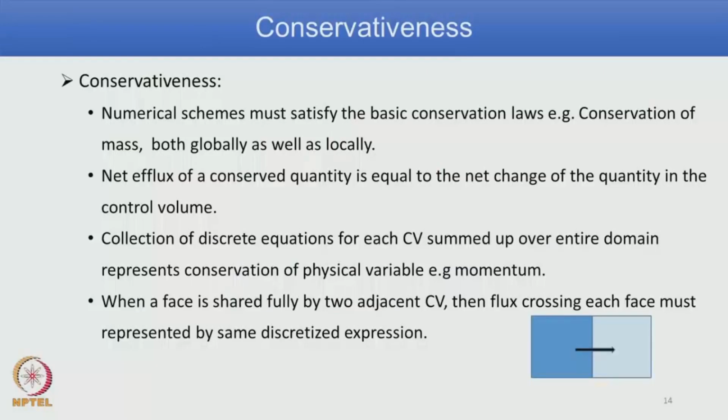Sketch-wise, this is a simplified control volume, and this control surface is shared fully by two adjacent volumes, and whatever is going out is equally represented as whatever is coming in here. So, the discretized form of what is leaving must be the same as the discretized form of what is entering the next control volume. If you ensure that for each control volume and sum them up for the entire computational domain, then conservativeness can be ensured.